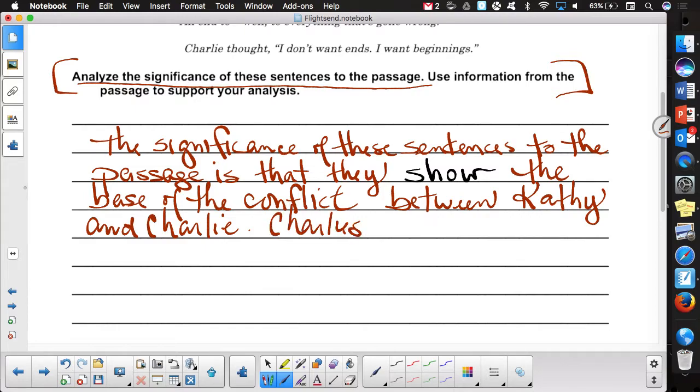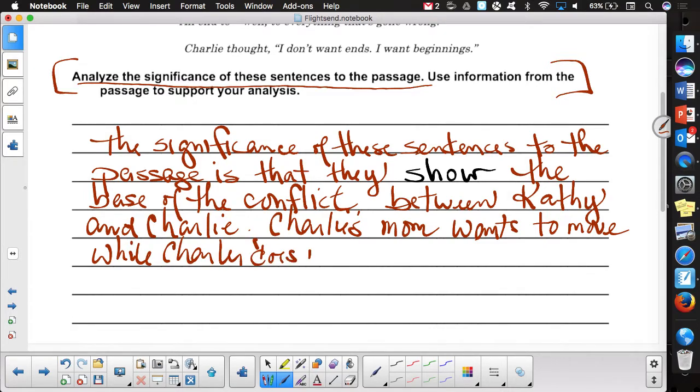So you could write mom or mother wants to move while Charlie does not. I'm sorry? Sure. Like Charlie's mom wants to move, however Charlie does not. Yeah, that'd be perfectly fine.